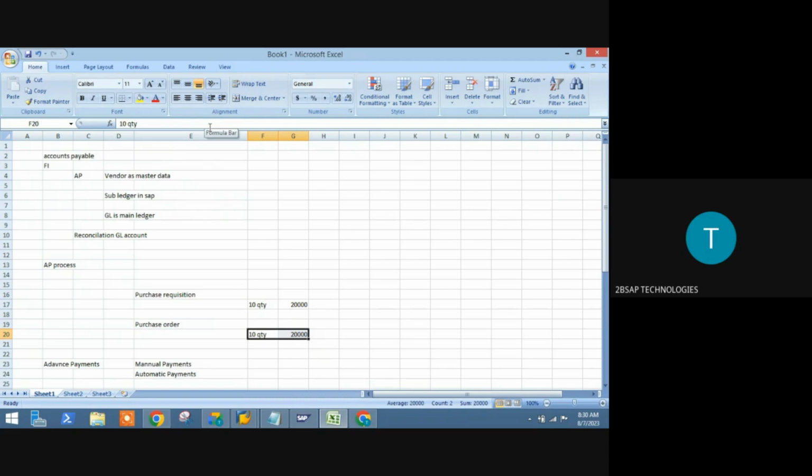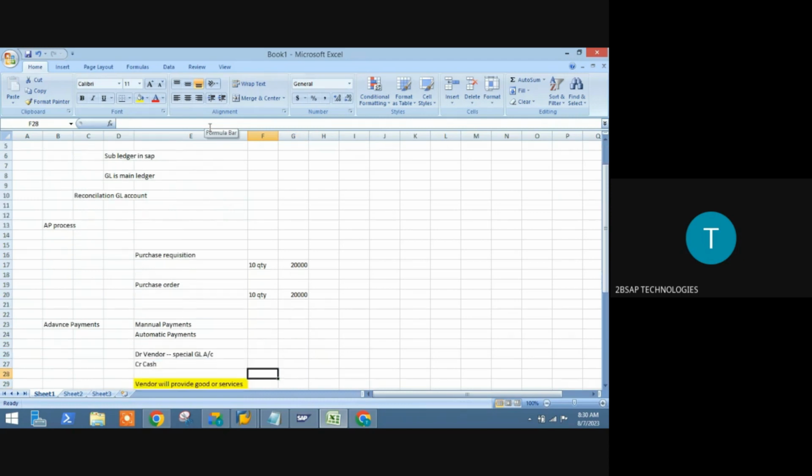Okay. Now, if they request advance payment, you do advance payment, else you won't. It depends upon that. So let us assume 20% advance payment.